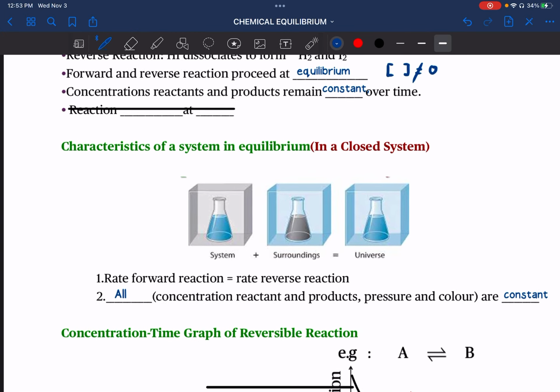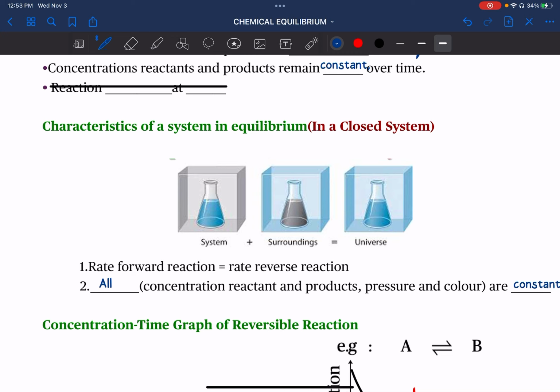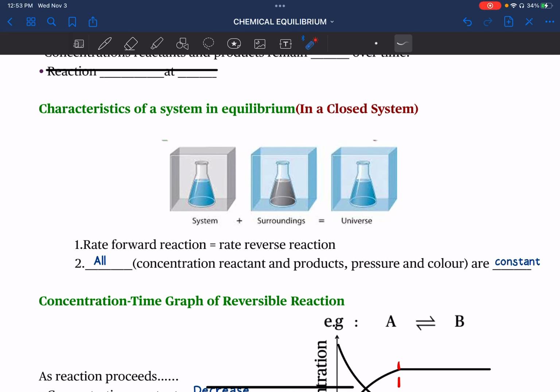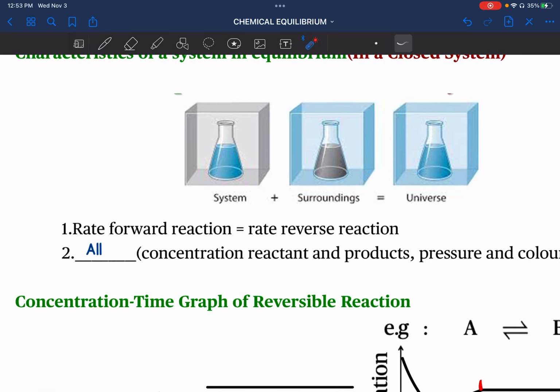Okay, now let's have a look at the characteristic of a system in equilibrium dengan syarat, okay, in a closed system. Kenapa in a closed system? Kalau sistem terbuka, kita tak boleh nak tengok dia punya equilibrium lah. Okay, so if the question asks you, what are the characteristics of a system in equilibrium? So, the answer is these two.